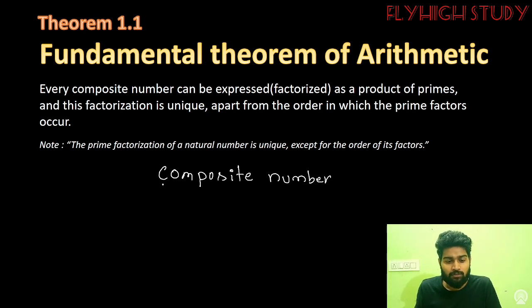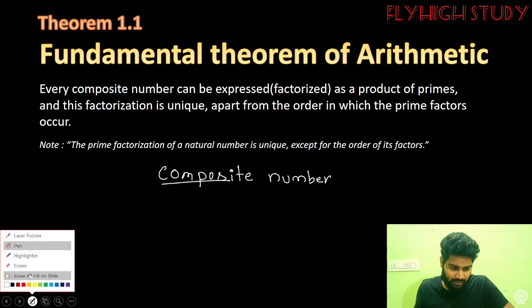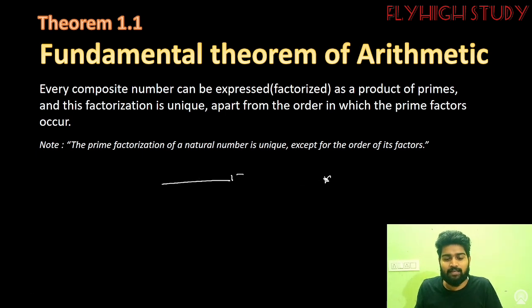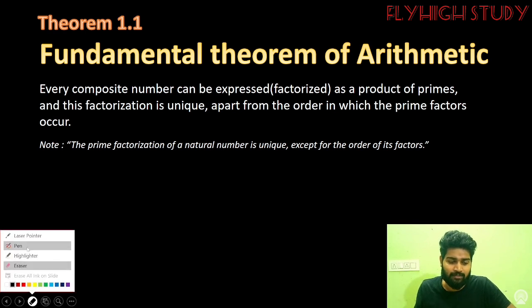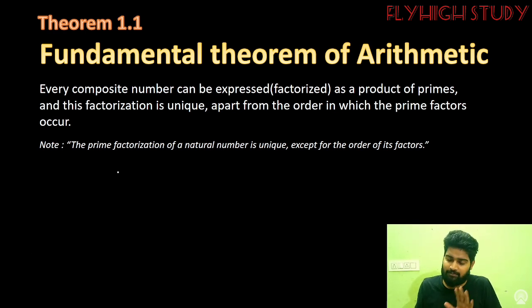So a composite number contains prime numbers in it. Prime factorization says every composite number can be expressed in the form of prime numbers. Still you won't understand. Wait.